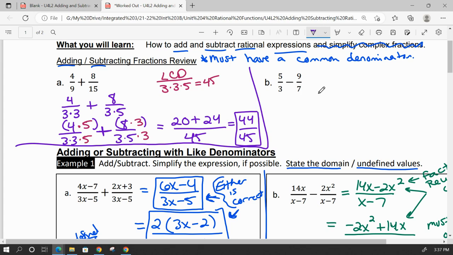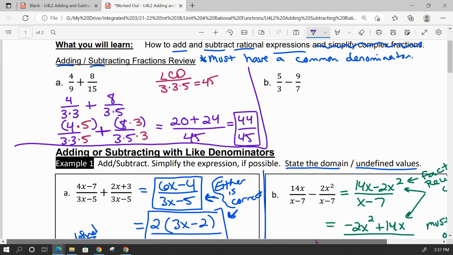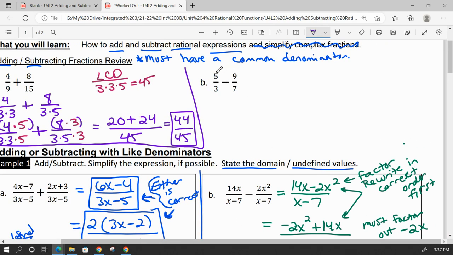All right, let's look at one more basic fraction. So we've got 5/3 minus 9 over 7. This time the denominators cannot be factored, which means the least common denominator is going to be 3 times 7, which would be 21.